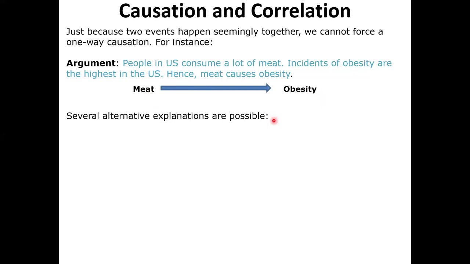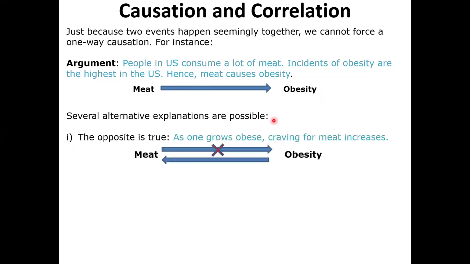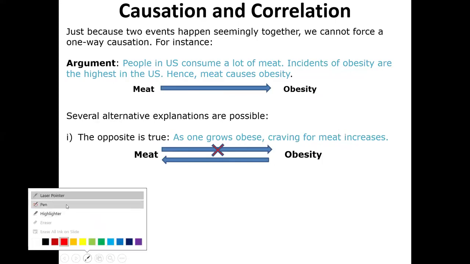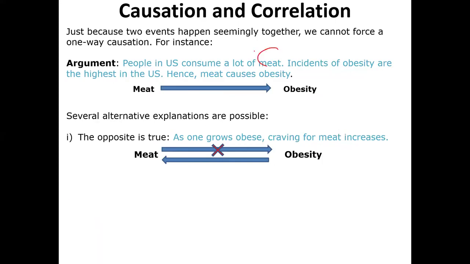Now, how can you challenge the causal relationship? One way is with this option: as one grows obese, craving for meat increases. What are the two things that go together here? Meat and obesity, correct?